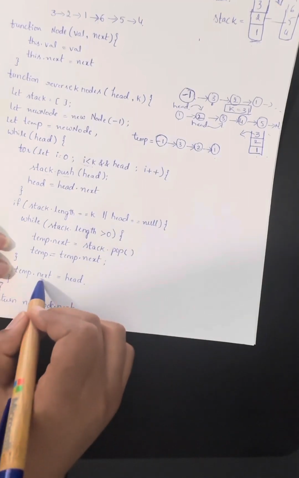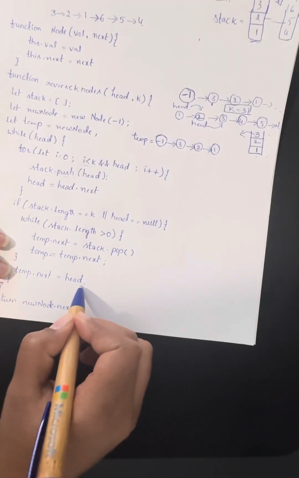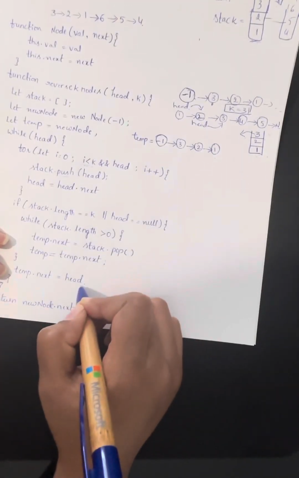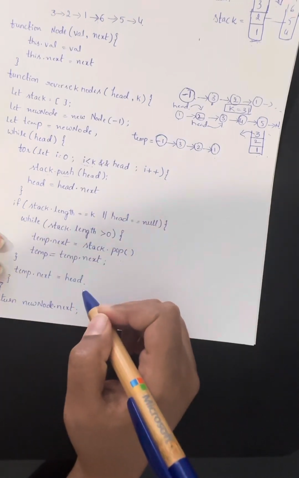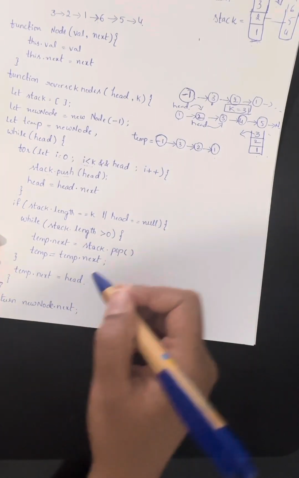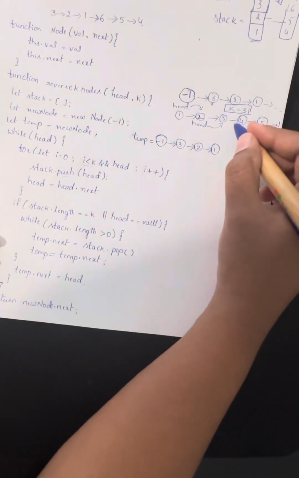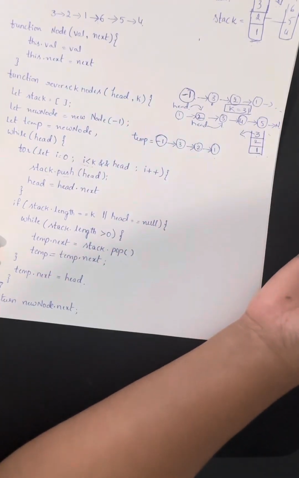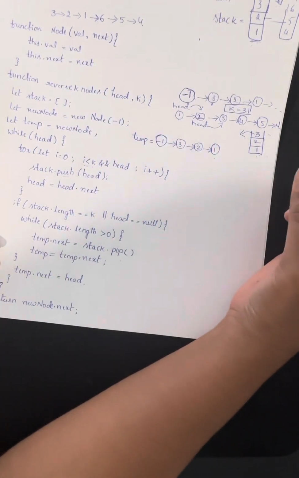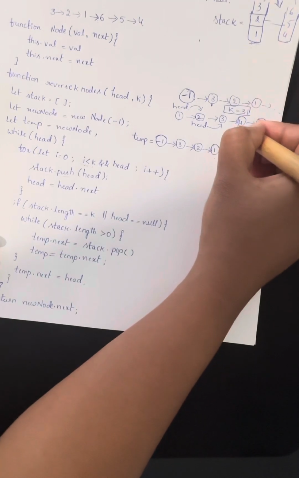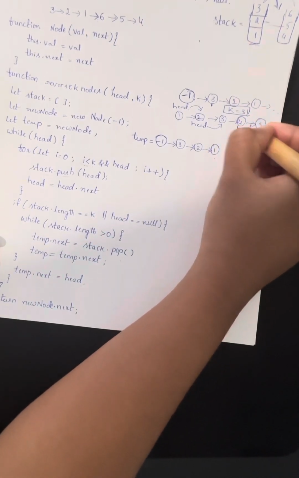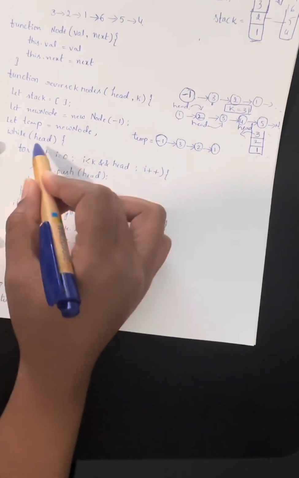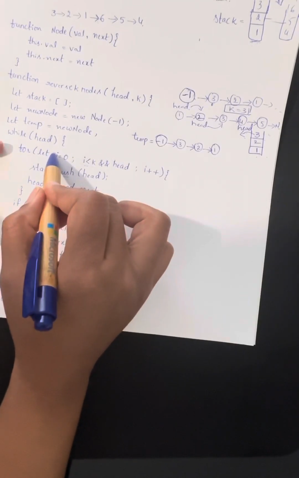Now temp dot next becomes head. What is temp dot next? Temp dot next is 4. So head comes here, and this while loop starts again.